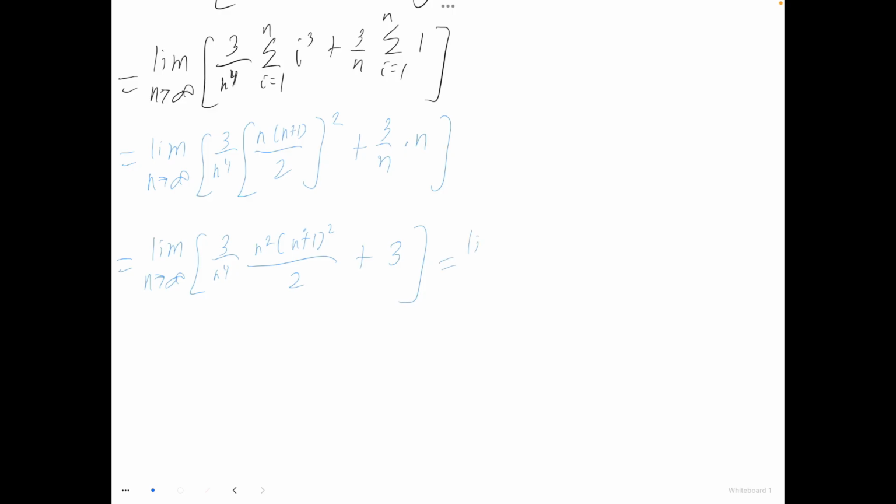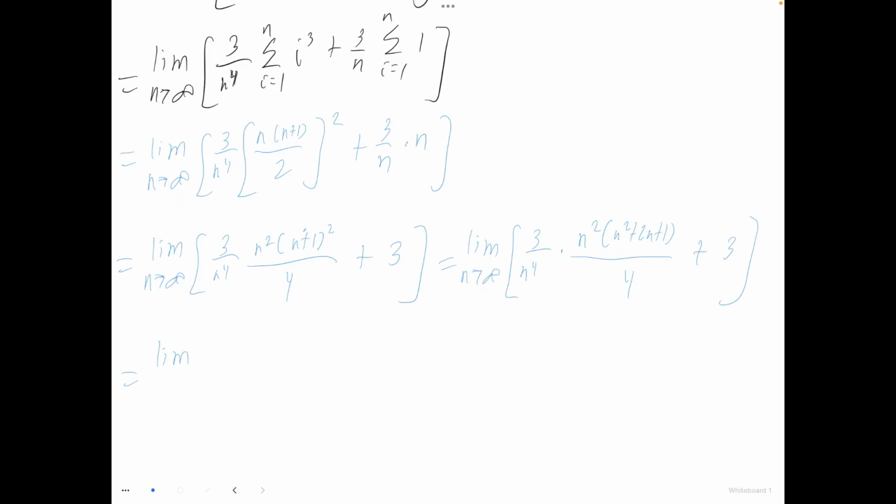And so this is the limit as n goes to infinity of 3 over n to the 4th. And now I'm going to multiply the top out. So I'm going to get n squared times n squared plus 2n plus 1 all over 4. That should be a 4, not a 2. Plus 3 at the end.